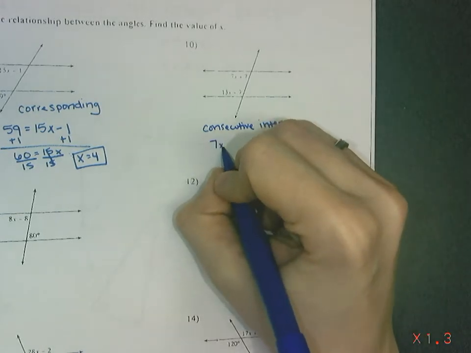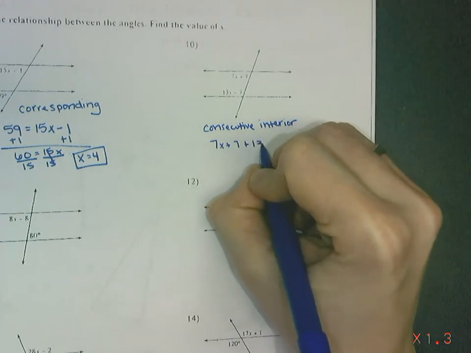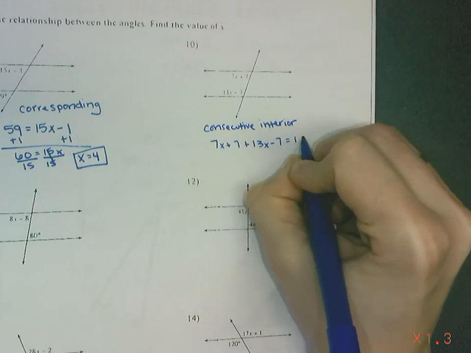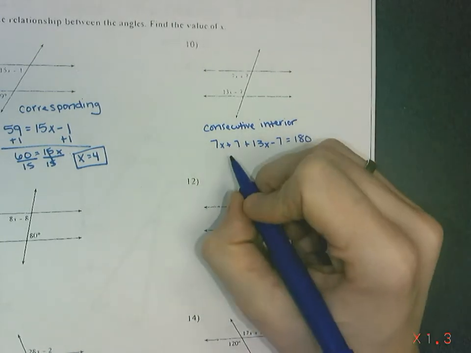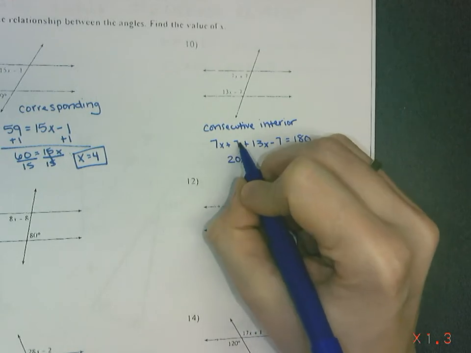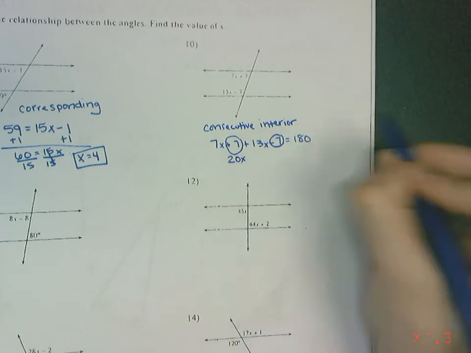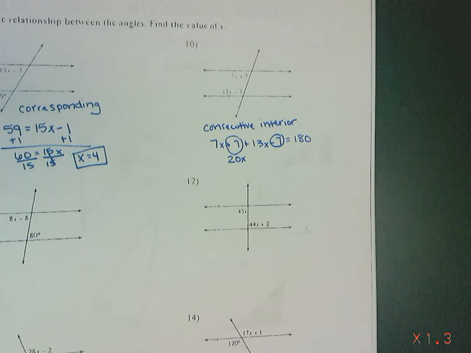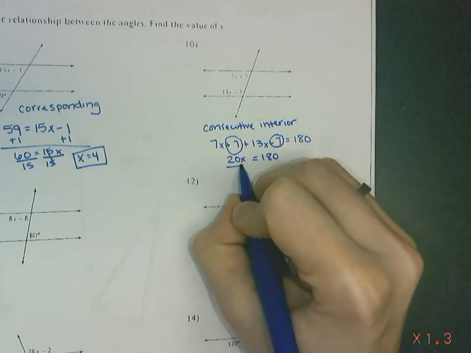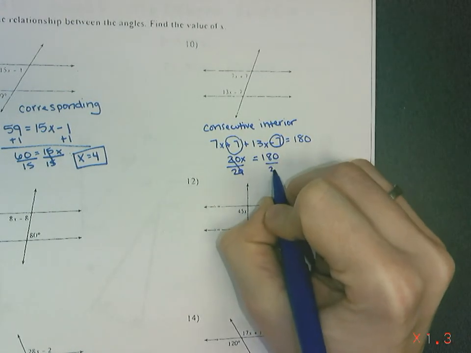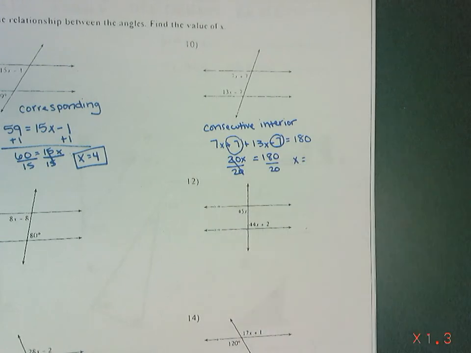So 7x plus 7 plus 13x minus 7, if we put those all together, equals 180. 7x and 13x gives us 20x, and then we have a plus 7 and a minus 7. 7 minus 7 is just 0, so those integers cancel each other out, and we just have 20x equals 180. We divide by 20 on both sides, and x equals 9.